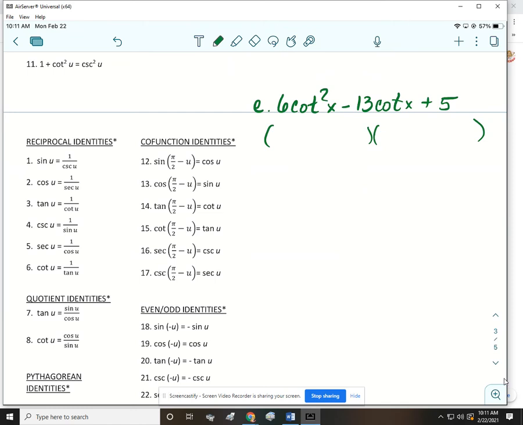Now, the factoring part is a little more difficult on this one because what I put here and here needs to multiply to give me 6 cotangent squared of x. So we have choices. It could be 6 cotangent and 1 cotangent, or it could be 3 cotangent and 2 cotangent. And so you really just have to make a decision, like which one you want to use.